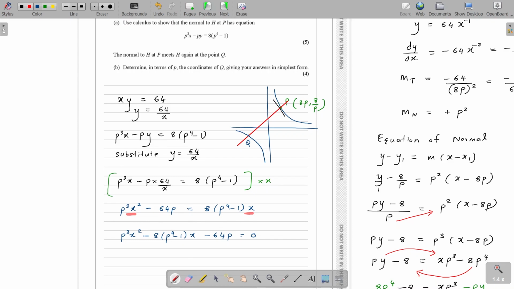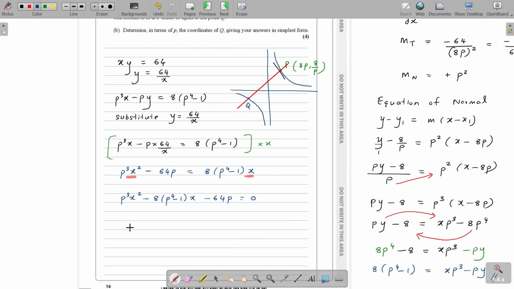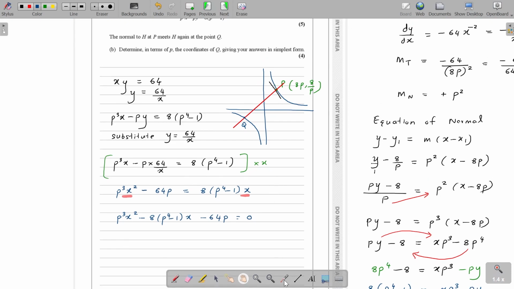Okay, so now we need to solve this equation, right? We have to either factorize it, or find the values of x in terms of p. So how do we get the value of x in terms of p? If you are capable of factorizing directly, then you can go ahead. Actually, we know one answer, isn't it? Do you see that this normal meets the curve at the 2 points P and Q, right? Can you see that we already know one solution?